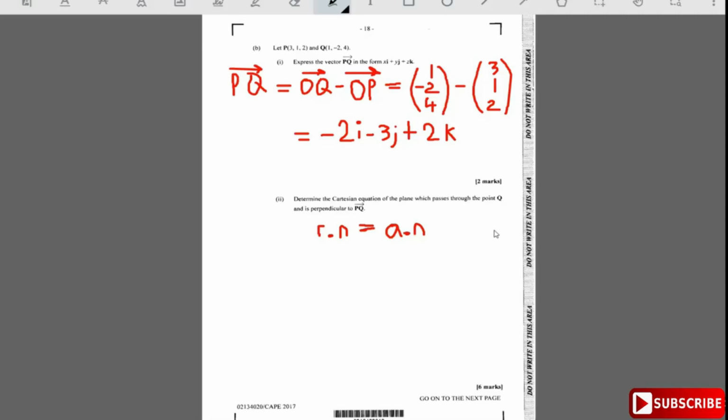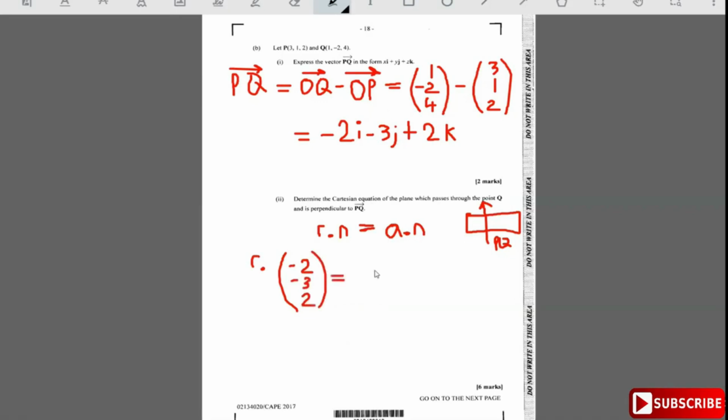When the line PQ is perpendicular to the plane, PQ acts as a normal to the plane, and so the equation of the plane is going to be r dot n, where n is minus 2, minus 3, 2, and that's equal to a dot n.